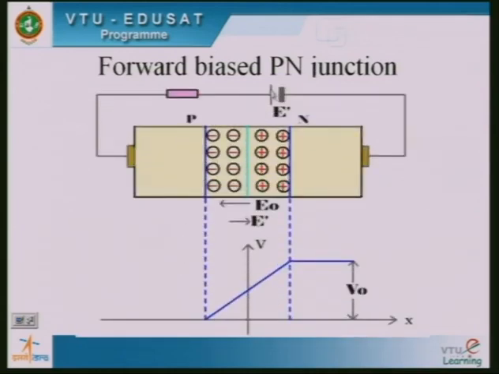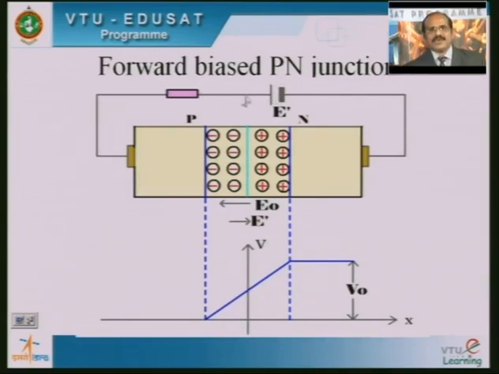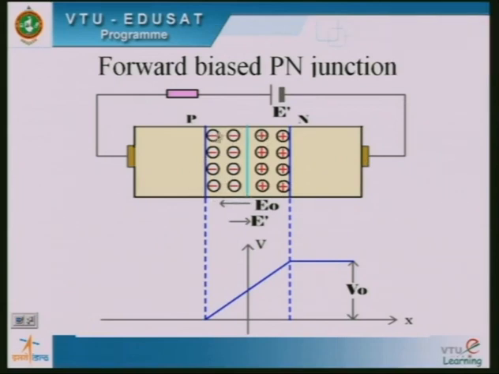Here you can see that the positive terminal of the battery is connected to the P layer, whereas the negative terminal is connected to the N layer, and in between the P and N layer a depletion layer exists, that is the layer which is depleted of free charge carriers. It contains only the fixed immobile ions.